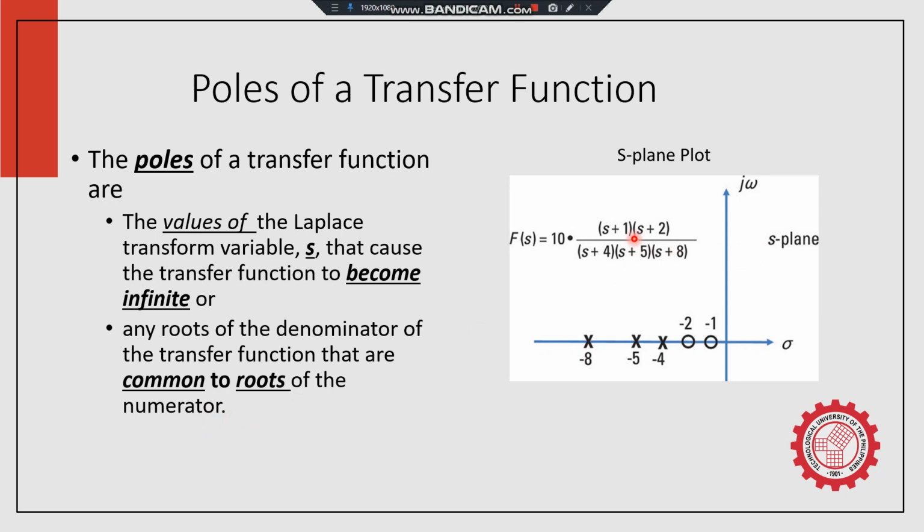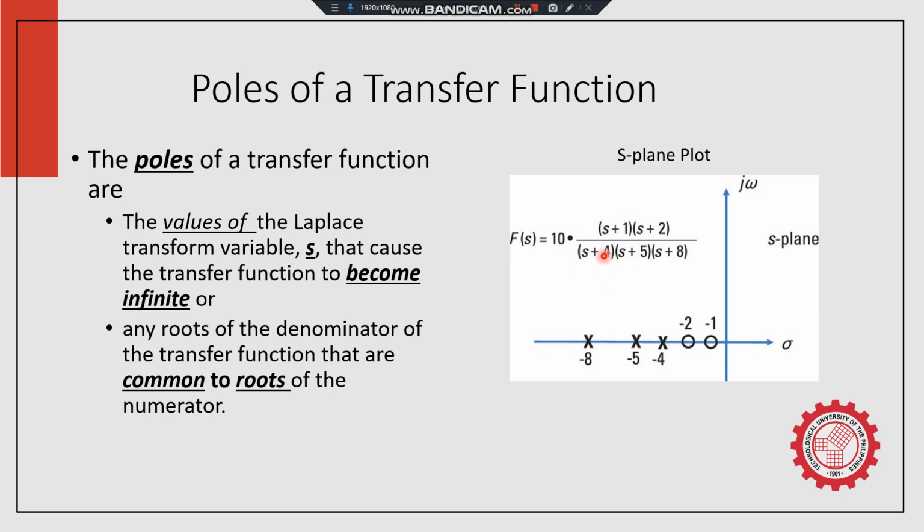Now, in our example, there are no common roots, but in case there is a common root, for example if this is s plus 1 and we have s plus 1 in the denominator as well, so there is a common root between the numerator and denominator, and it is also considered a pole. Now, in this case, as defined, the value of s that makes the function infinite. As we know in algebra, if the denominator of a fraction is 0, therefore the fraction will be infinite.